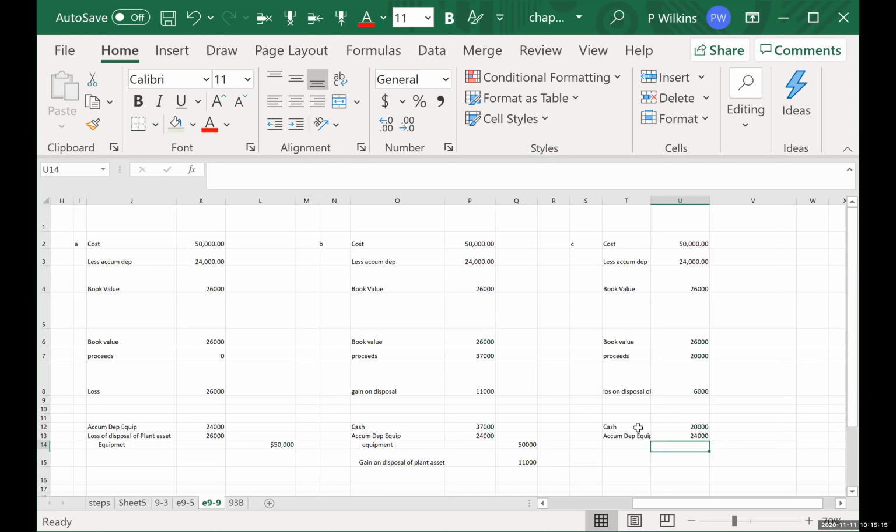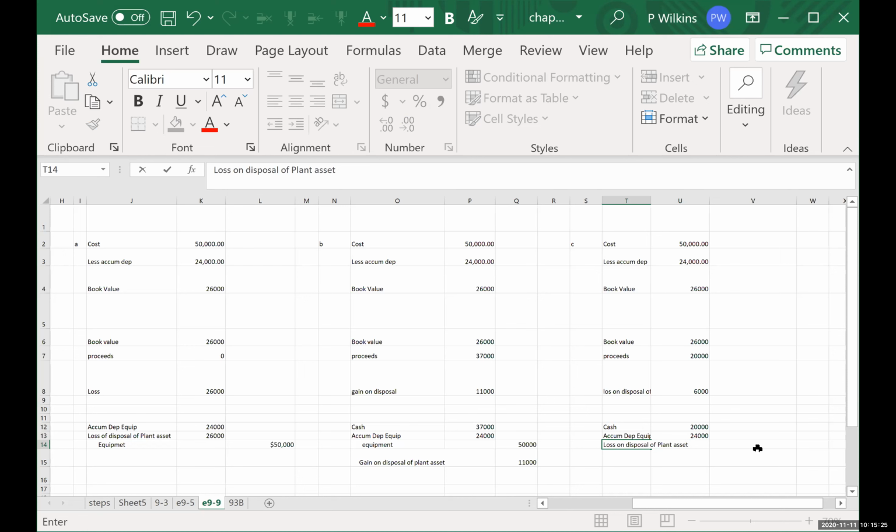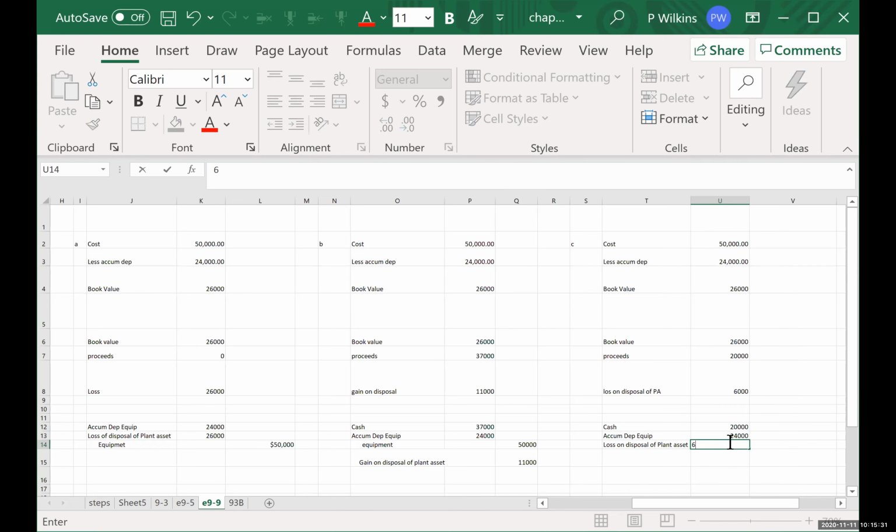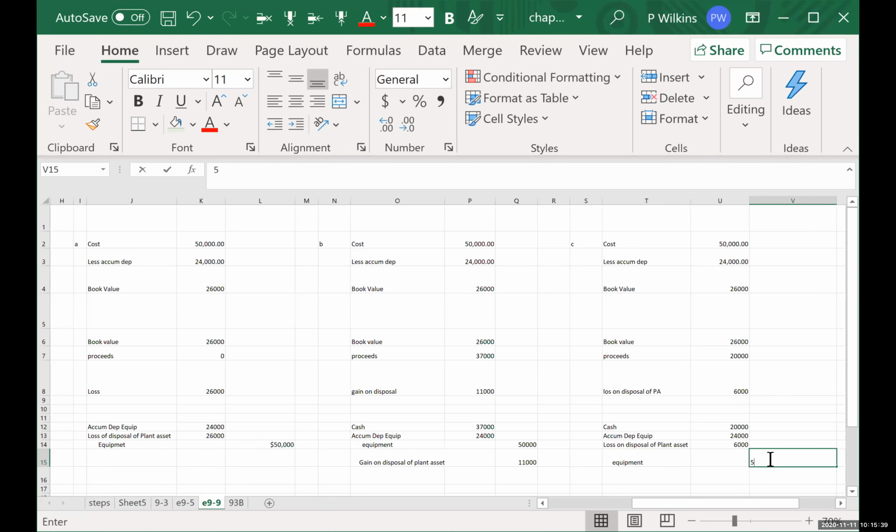We are then going to debit for loss on disposal of plant asset. And the loss that we figured out was $6,000. And then we are going to credit for equipment to clear out that account and get that asset off of our books, which was $50,000.